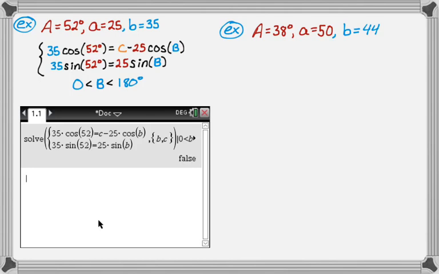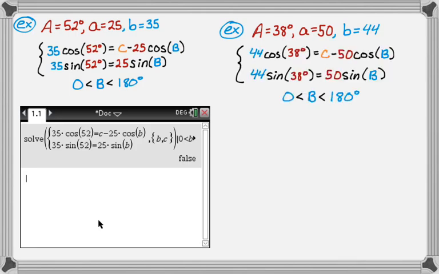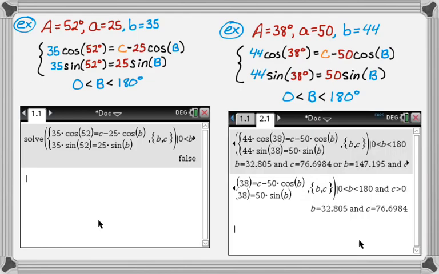So if angle A is 38 degrees, a is 50 and b is 44, we can write our system. So 44 cosine of 38 equals C minus 50 cosine of B, and 44 sine of 38 equals 50 sine of B, where B is between 0 and 180. I asked the calculator to solve this one, and this is one where it gave me that weird thing.